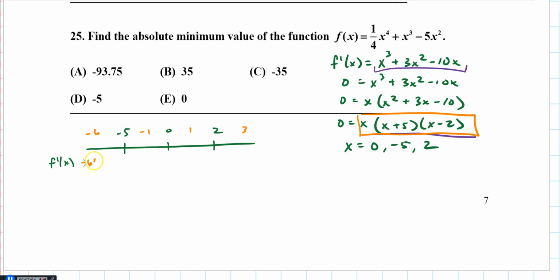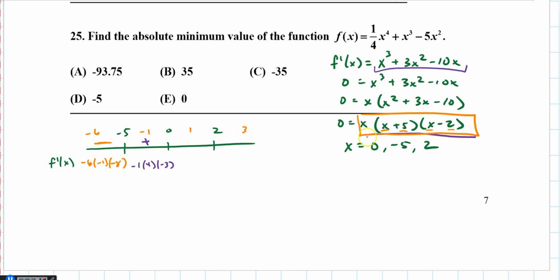We got -6 times, see, -6 plus 5 is -1, and then -6 minus 2 is -8, so I've got 3 negatives, so that answer is negative. If I plug in a -1, I've got -1 times 4 times -3, that's 2 negatives, which is a positive.